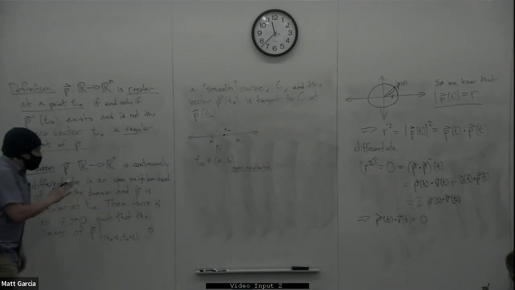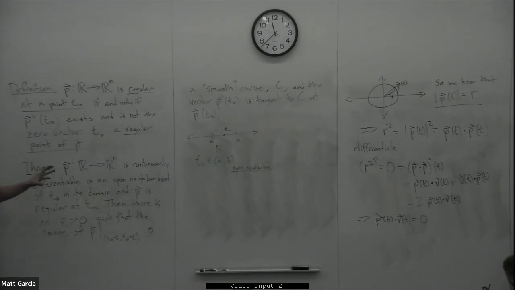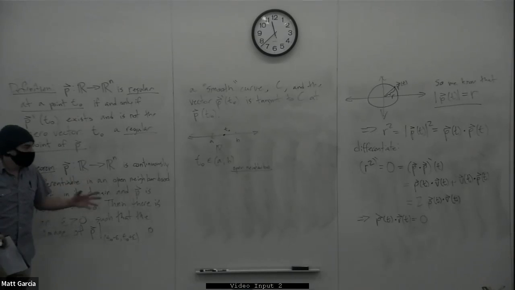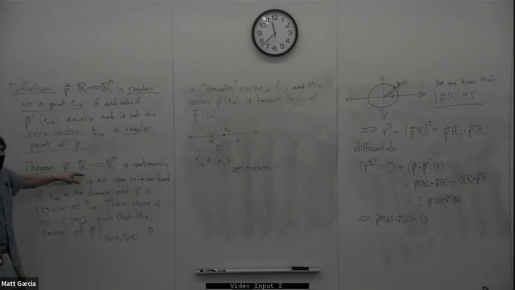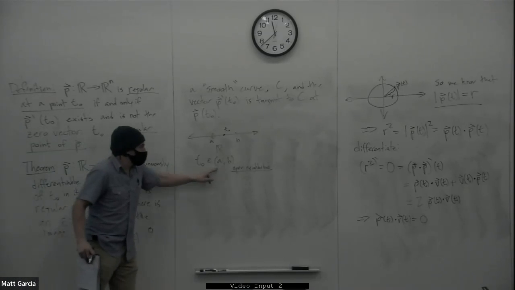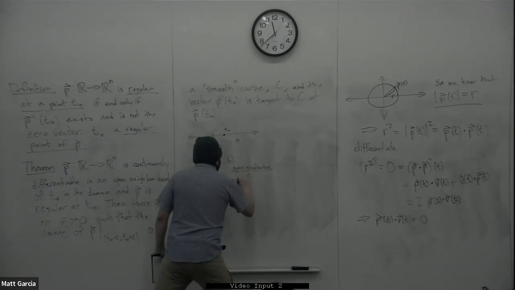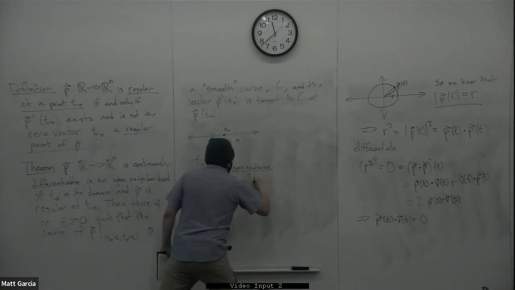We say open neighborhood because we're going to use the same terminology when we start talking about regions around a point in Rn. But for now, when our domain is just R, an open neighborhood is just an open interval in R1.